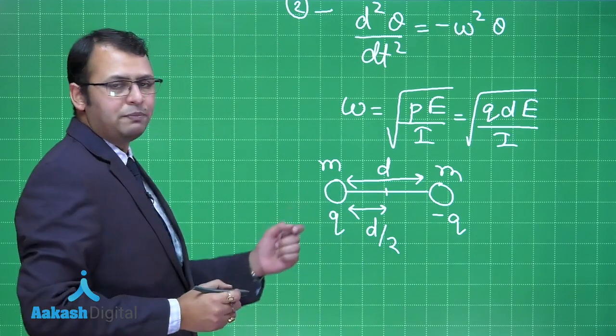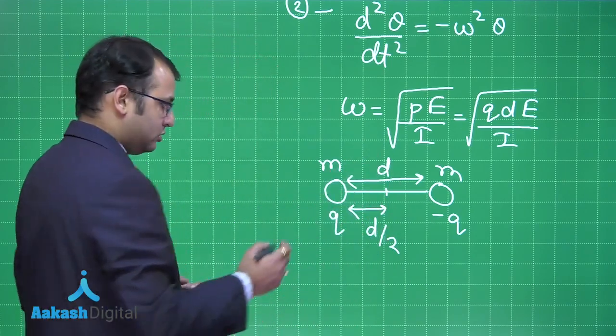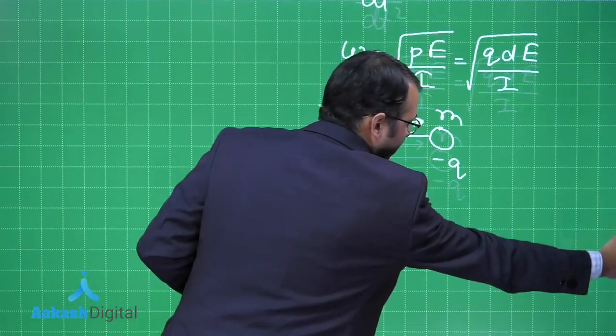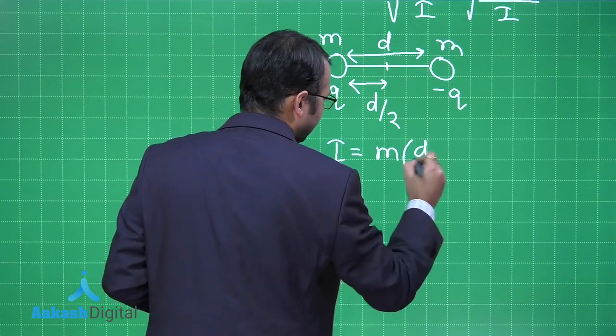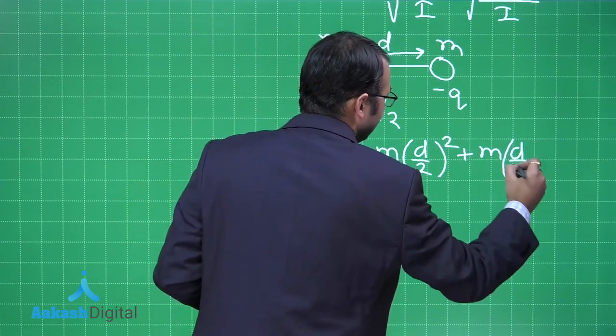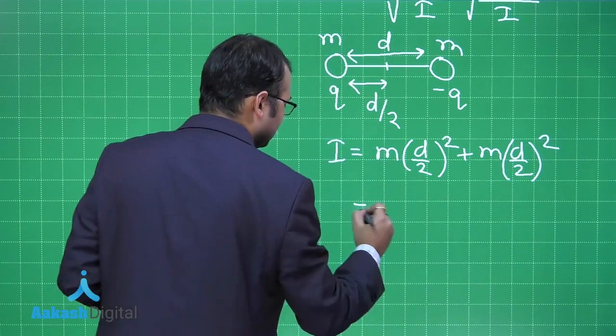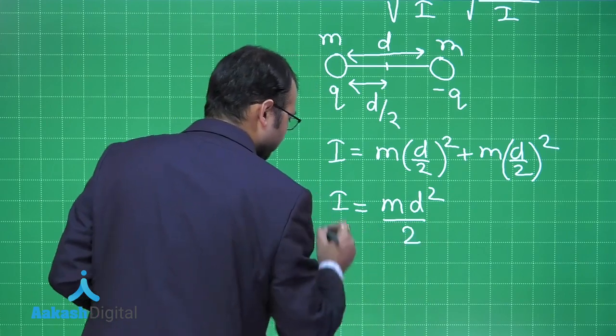This dipole will perform oscillation about the axis which is passing through its center. So moment of inertia, if you want to find, would be I equals m (d by 2) whole square plus m (d by 2) whole square. Solving this, you will get I as md square by 2, right?